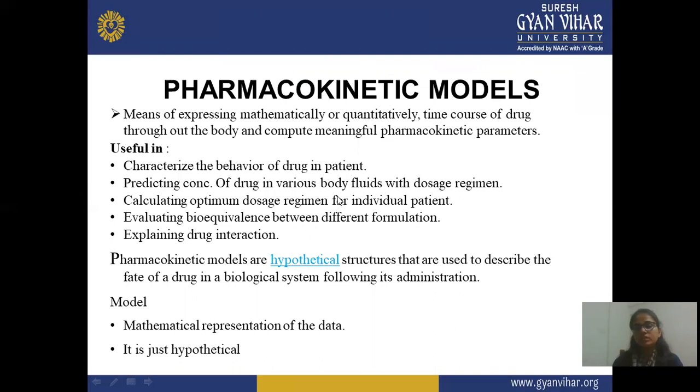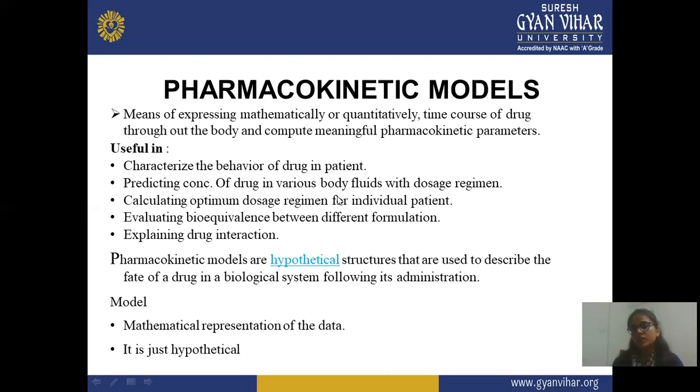With the help of this type of mathematical quantitative equation, we get a good amount of information, and it is useful to characterize the behavior of a drug in the patient. If you are checking the behavior of your drug in a particular patient, you can use this pharmacokinetic model.